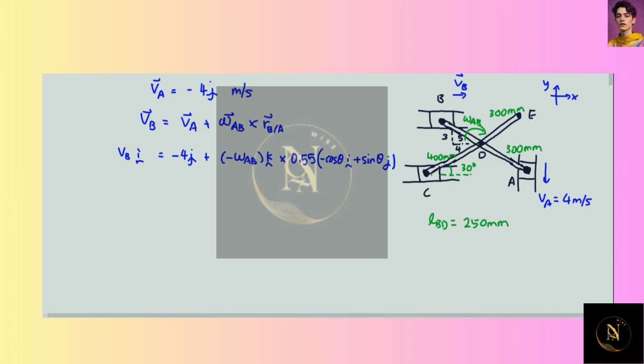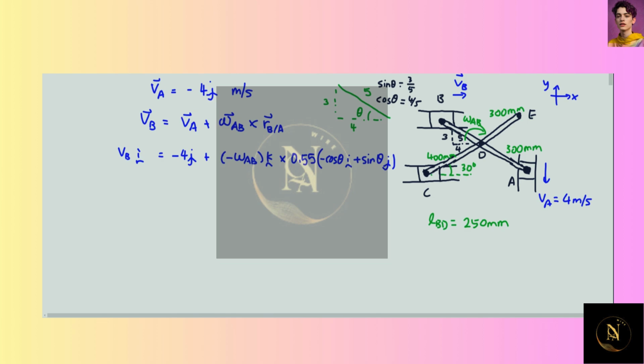So this is our theta, and then we have a 3, 4, 5 triangle here. So this is 3, this is 4, this is 5. So sine theta is 3/5, and cosine theta is 4/5. Now we continue.